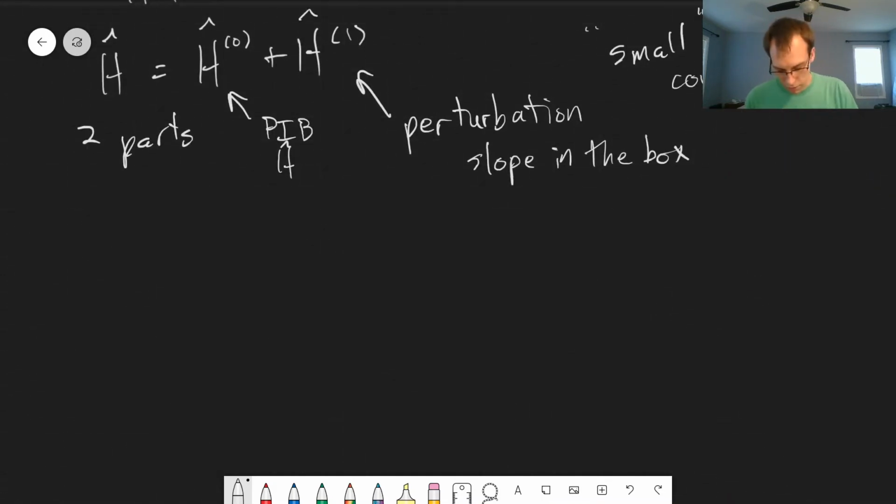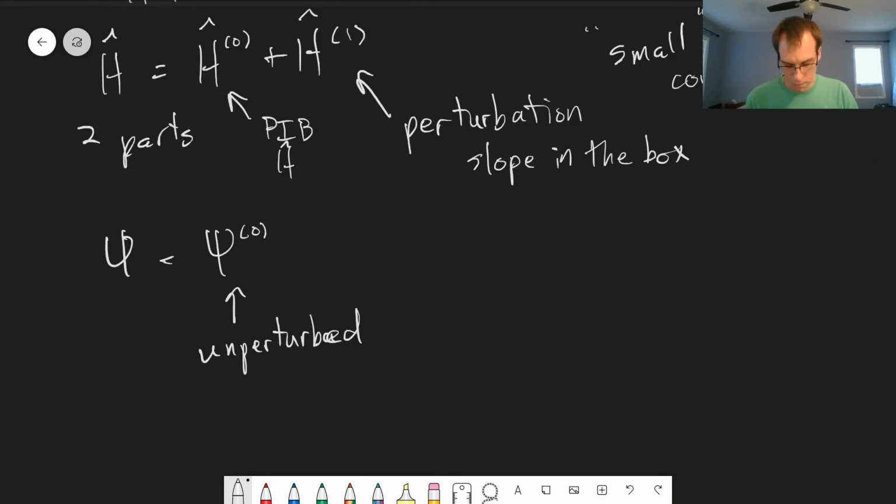We can also write our wave function in multiple parts. Our total wave function is this: we have the zero order wave function, that's our unperturbed wave function. These would be the wave functions we'd have from our known system. And then we have corrections to the wave function, and this is a potentially infinite series.